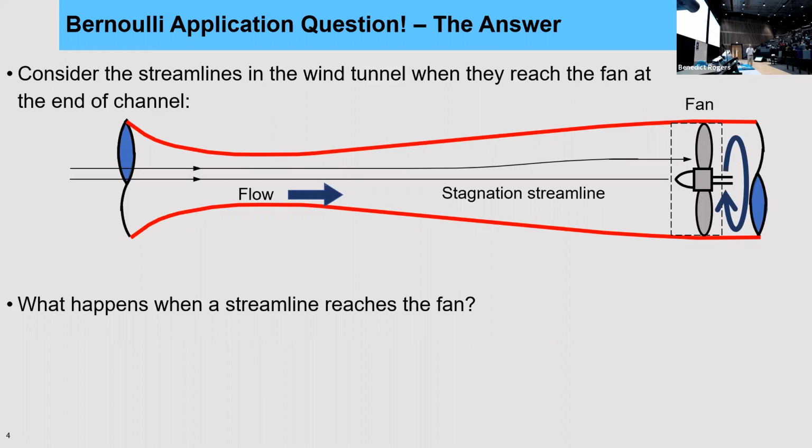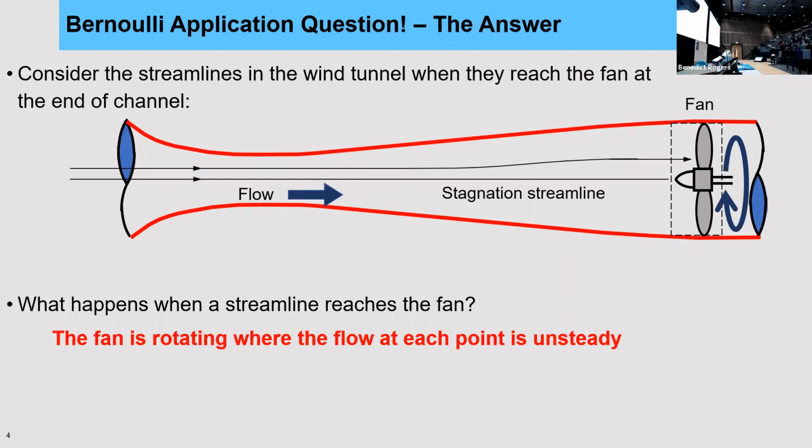And all of a sudden, you have friction effects, you have viscosity and things like this, which start to become significant. And at that point, you can no longer really apply the Bernoulli equation because it's no longer steady, and it's no longer frictionless. So the fan is rotating, and when the fan is rotating, the flow there is no longer steady.